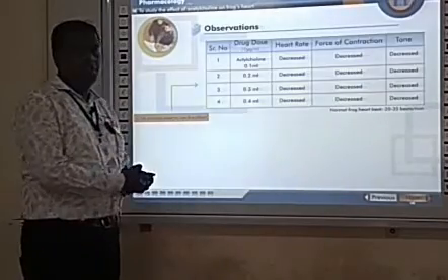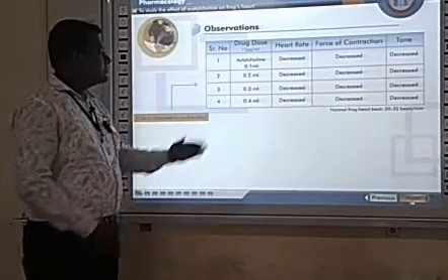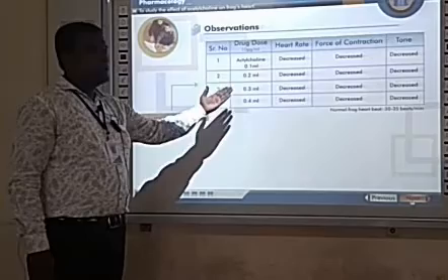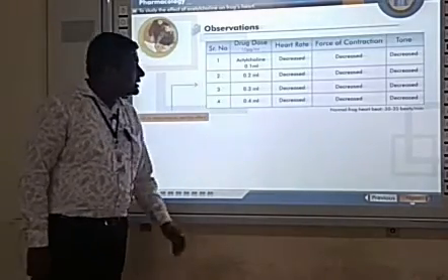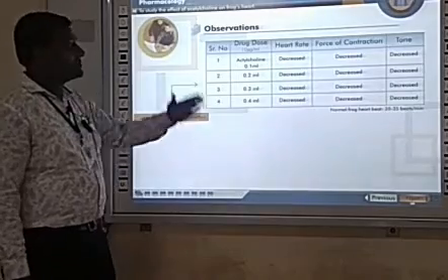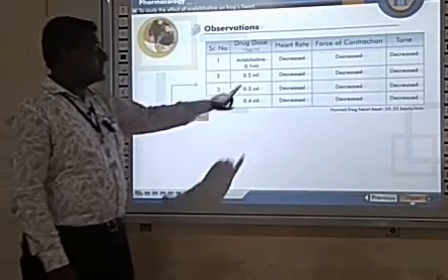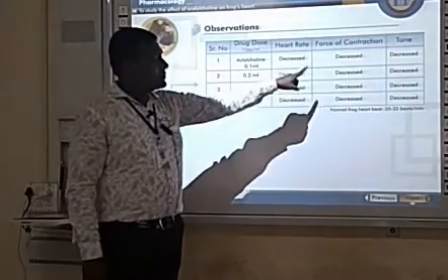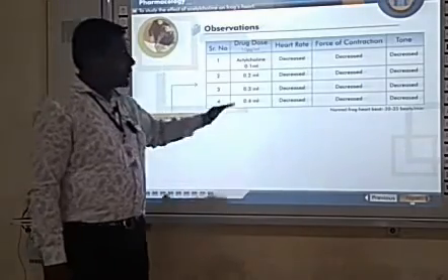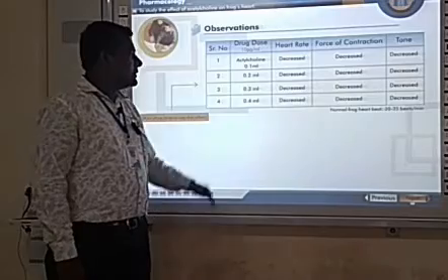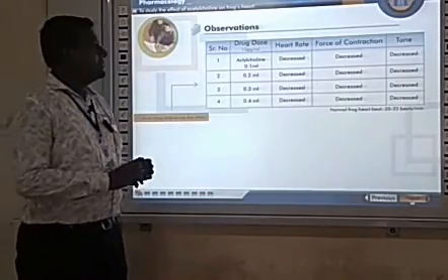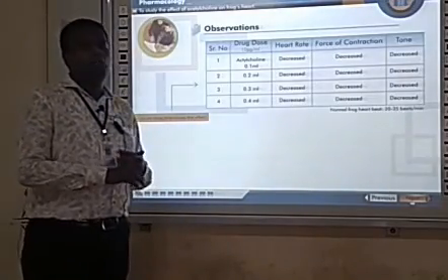Look at this observation table. We have given doses of 0.1 ml, 0.2 ml, 0.3 ml and 0.4 ml. So what is the effect of acetylcholine on heart rate, force of contraction as well as tone? It decreases heart rate, it decreases force of contraction and it decreases the tone. If you increase the dose, it shows a dose dependent decrease in heart rate, force of contraction and tone of the heart.